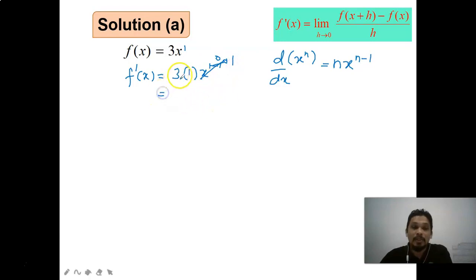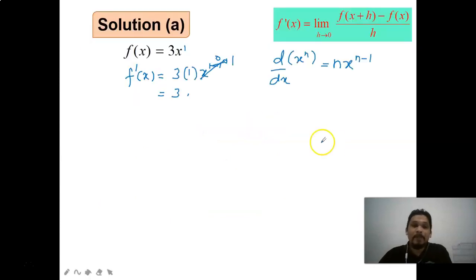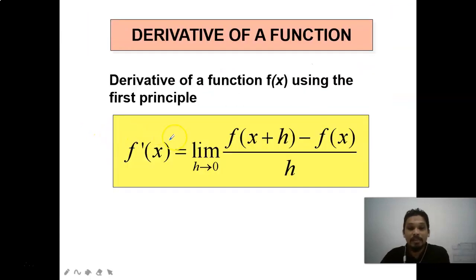So 3 times 1 equal to 3. Okay, actually we cannot simply write down the answer f prime x equal to 3, because according to the question just now, find the derivative of the following function with respect to x using the first principle, meaning this is only our reference. Okay, this is only our reference.